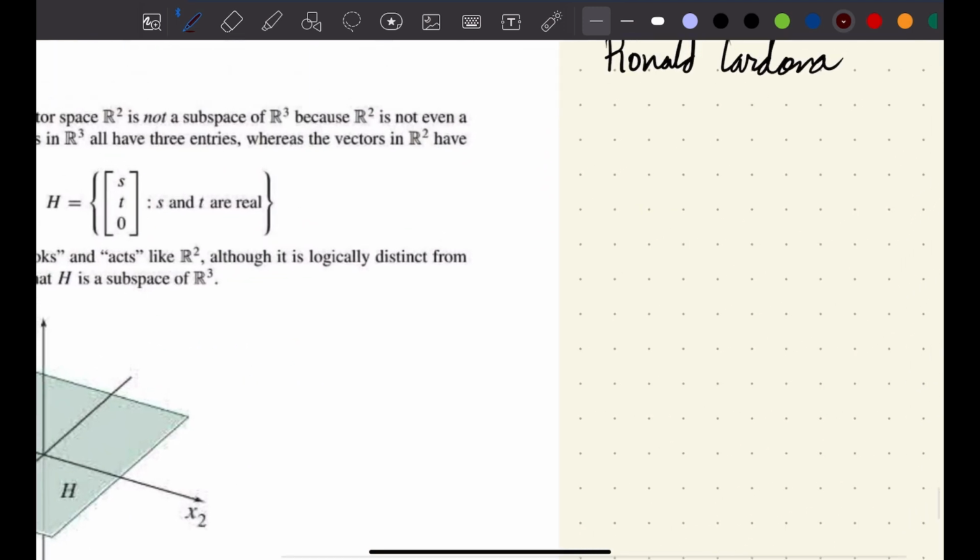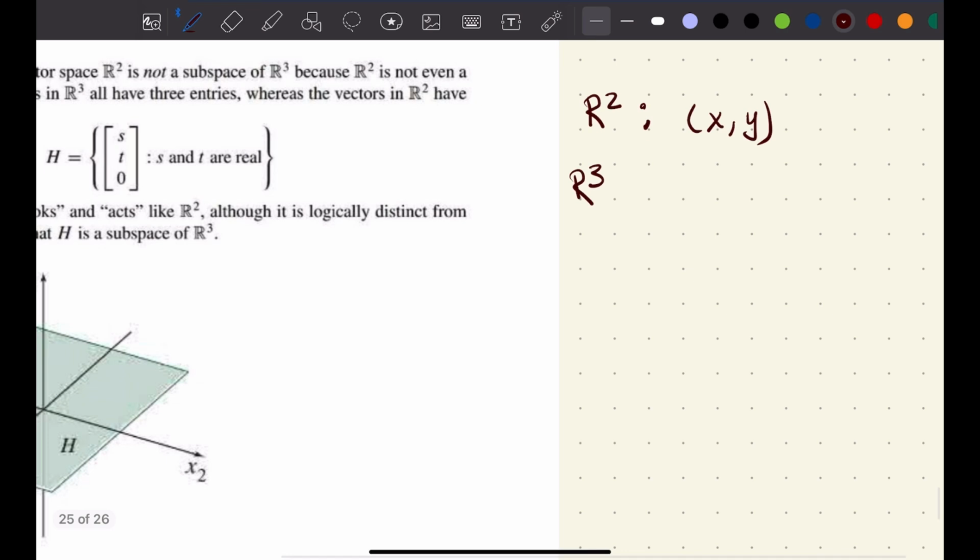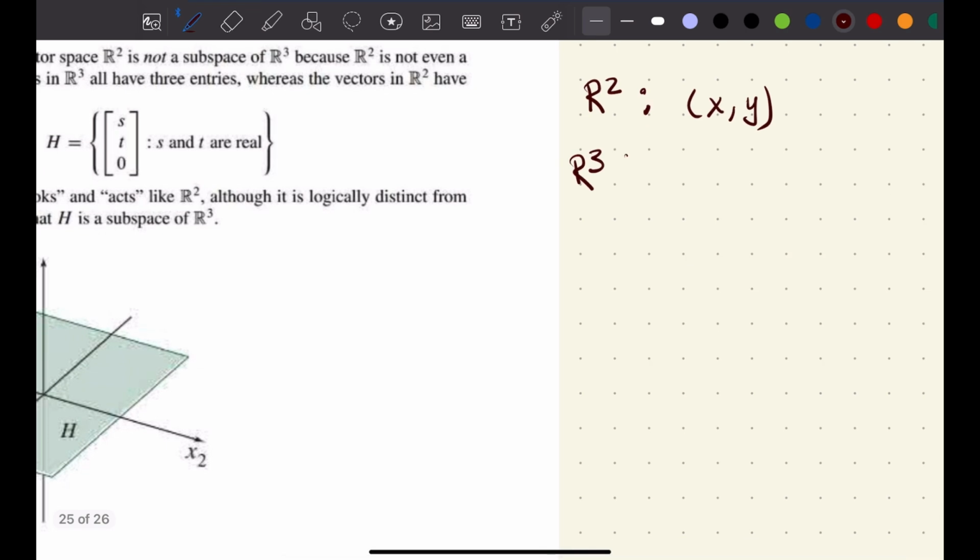Let's say we have R2 here, and then we have R3 here. In R2, you only have vectors in the form of two components, so X and Y. And for R3, you have vectors with three components.